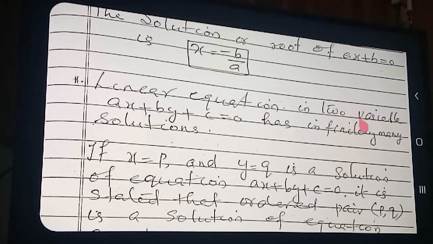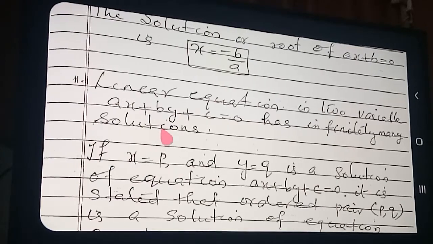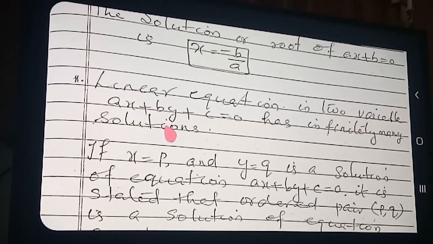Listen here. A linear equation in two variables, ax plus by plus c equal to 0, has infinitely many solutions. That means the value of x keeps changing. For example, we put any value of x as 1, then y will get another value.